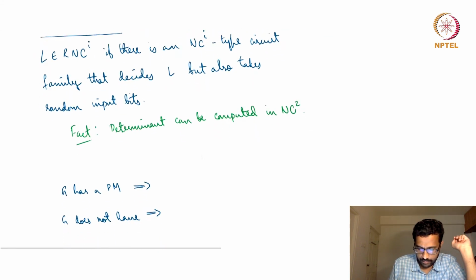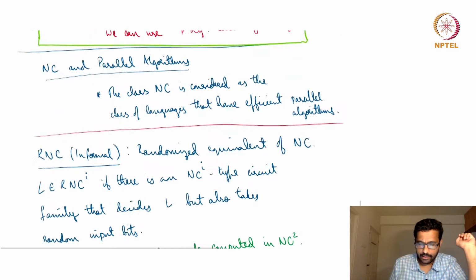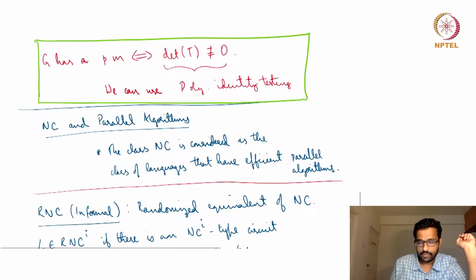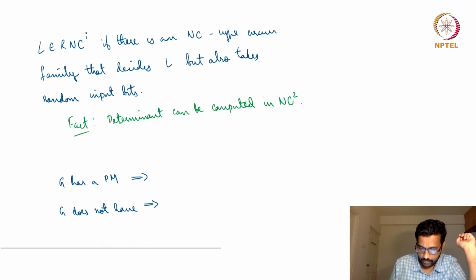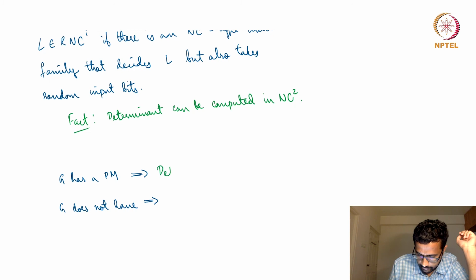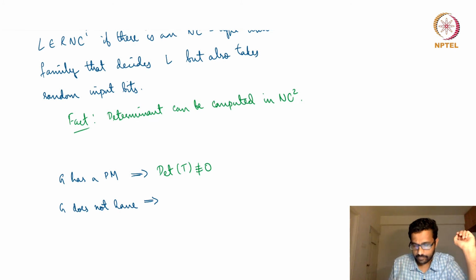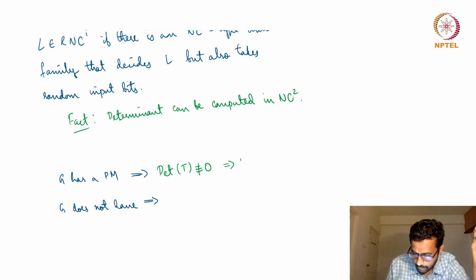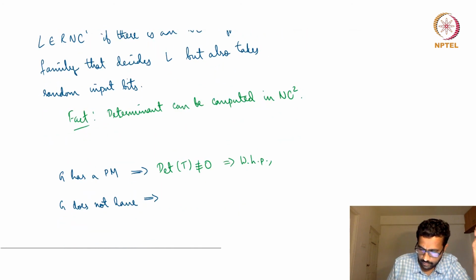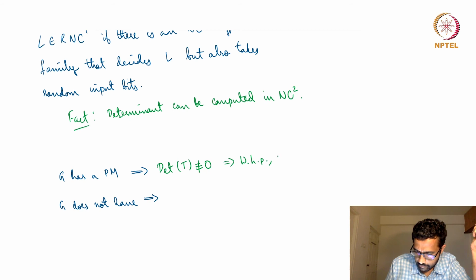So if the graph has a perfect matching, then the determinant of T is non-zero, which means that with high probability we will accept.